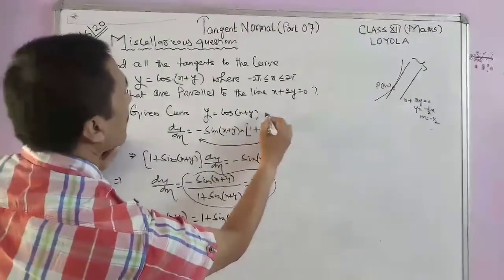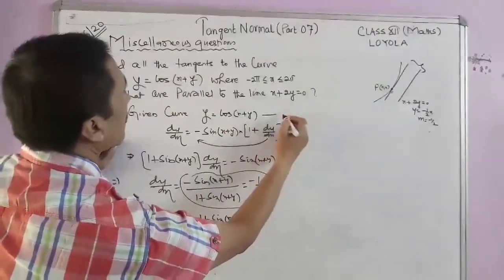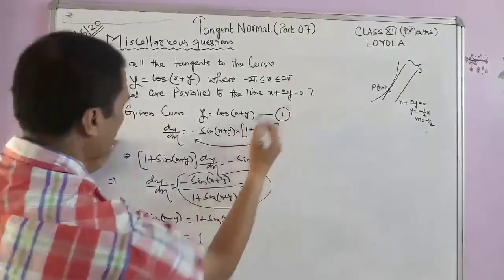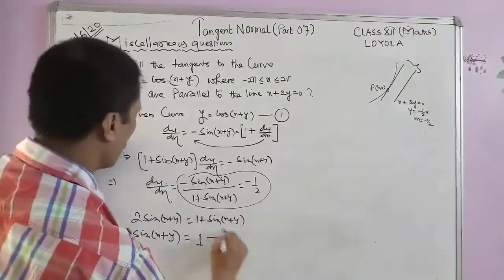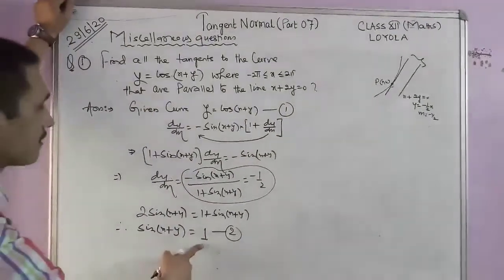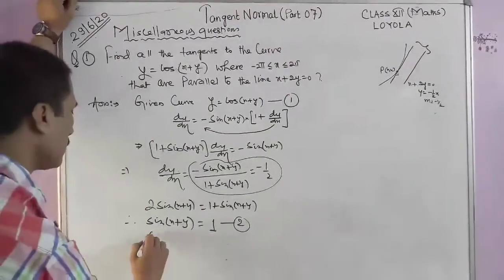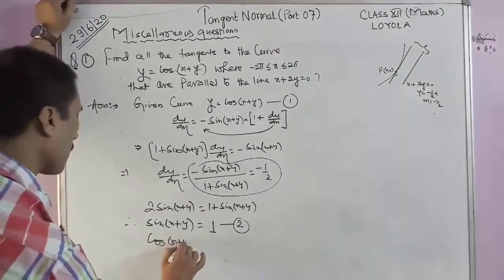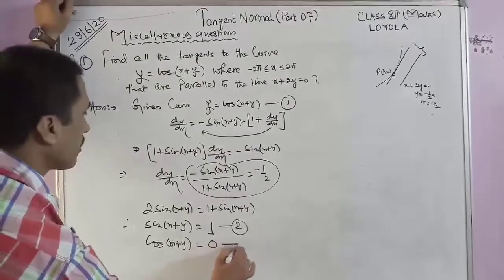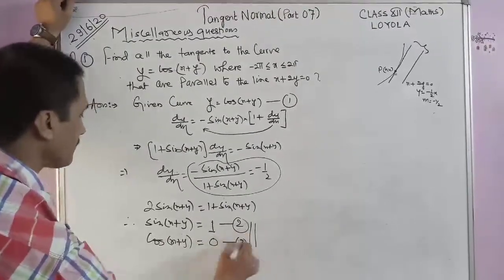Assume the given curve is equation 1 and this is equation 2. Sine theta is 1, so cos theta equal to 0. Therefore, cos of (x plus y) equal to 0, equation 3.